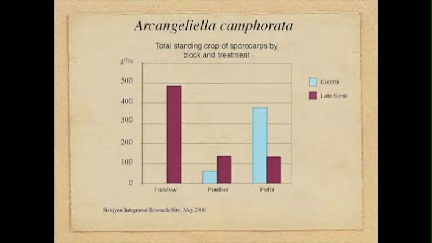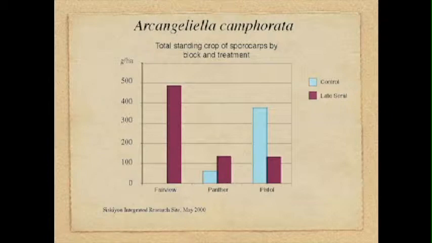However, with this particular species, Archangeliella camphoraita, when we looked at it specifically in the control versus the late seral areas across the 3 blocks, you can see the response was variable amongst the blocks, but in all cases, the late seral treatment kept this species of interest on the landscape.